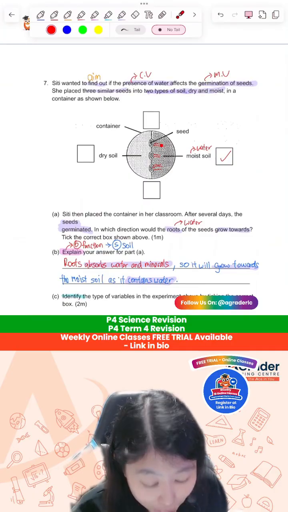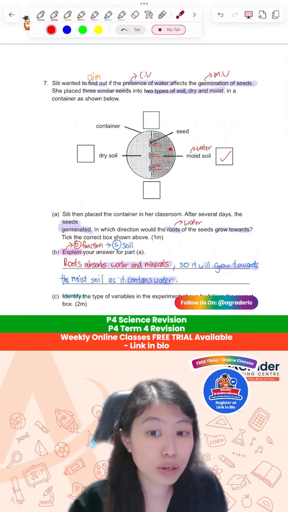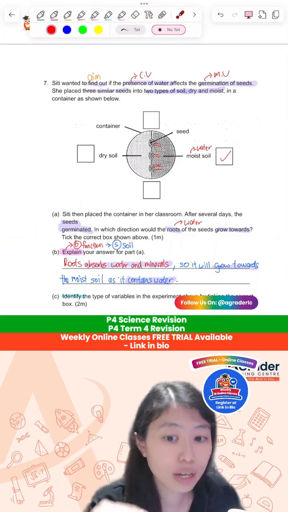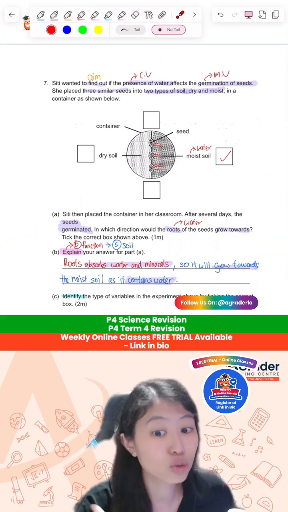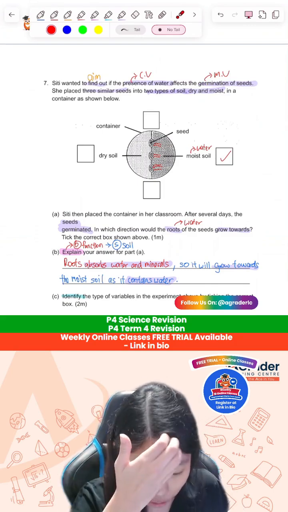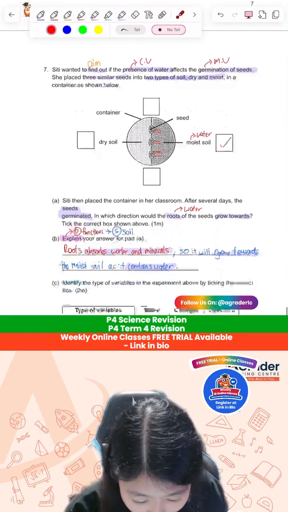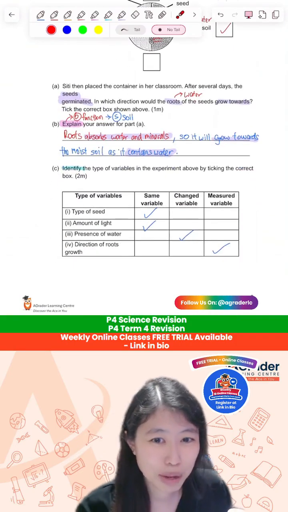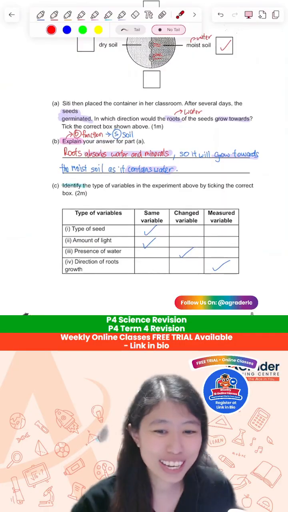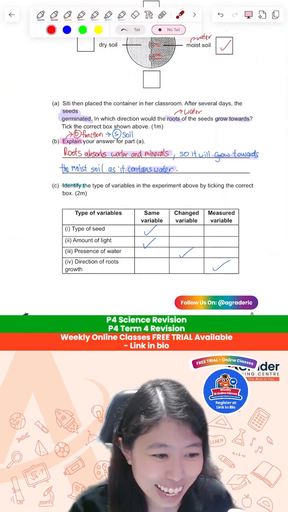I look at whether the roots grow or not. Why? Because the moment the roots grow, it tells me that the seeds are starting to grow. The seeds are starting to germinate. So take note, okay? So over here, I will have to measure which direction the roots grow. Yes, that's my measured variable. Very good. It's okay. No worries.